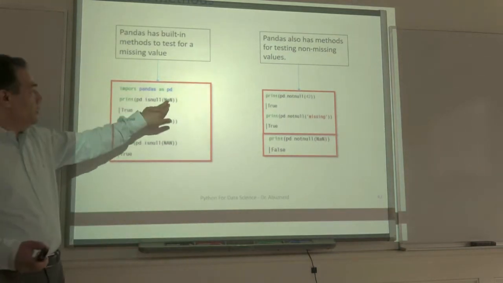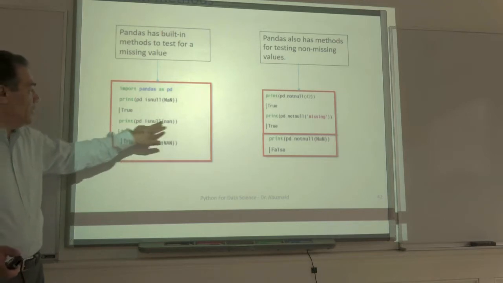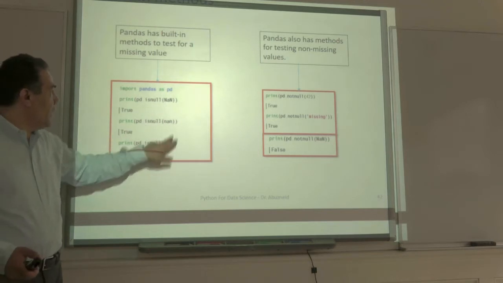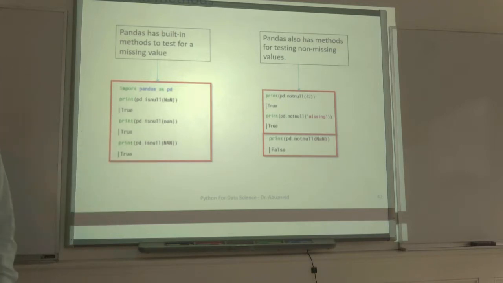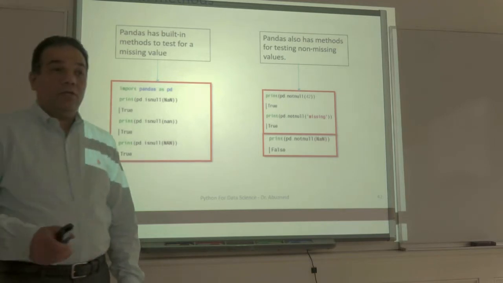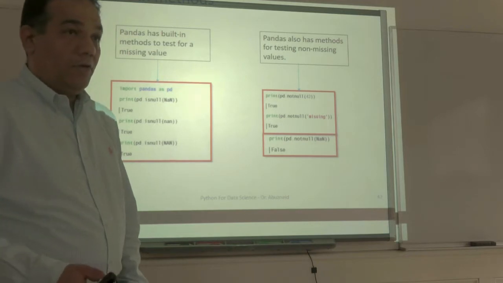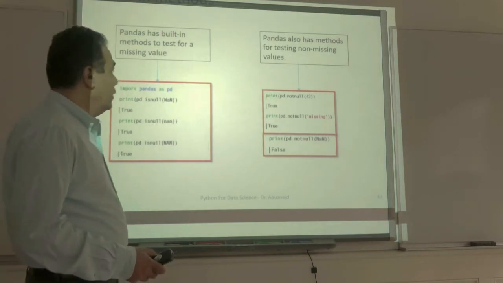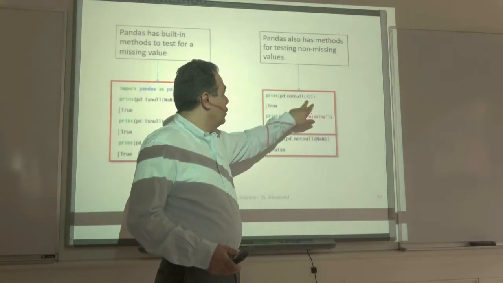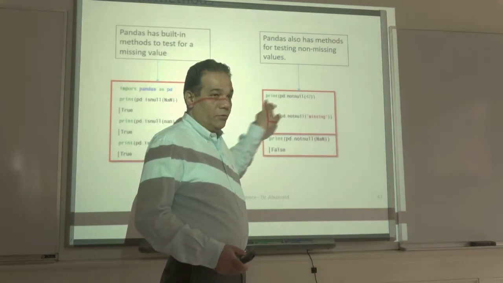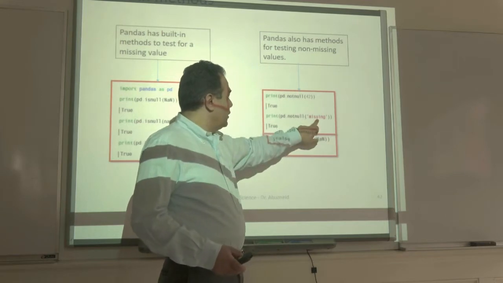So is null NaN? True. Is none NaN, a different format used in a different way? True. So that's how you check whether a value equals NaN, with the methods provided. Not null 42? True. 42 is not null. Not null missing? True.